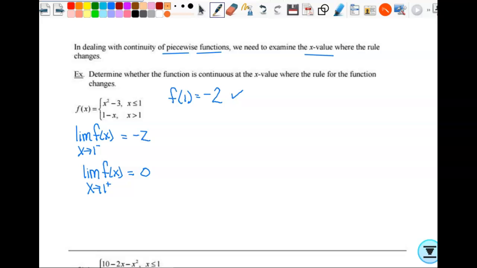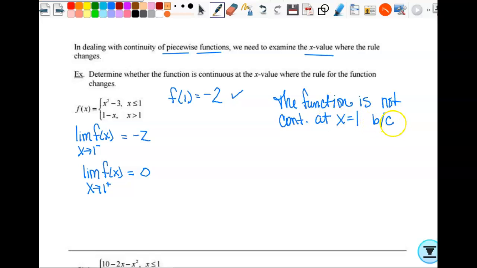All right, so we can say the function, or we could have said f of x, either way, is not continuous at x equals 1 because the limit as x approaches 1 of f of x does not exist.